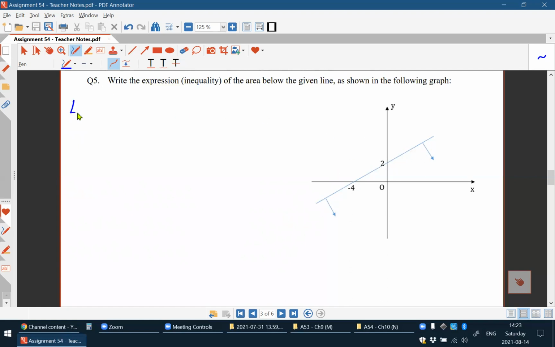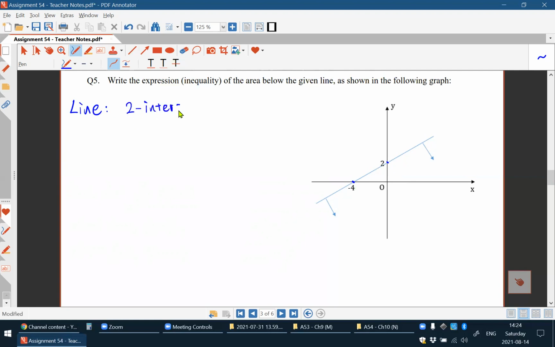Okay, so the given line, we know the x-intercept is -4, and the y-intercept is (0, 2), right? So we can write this line using the two-intercept form, right?